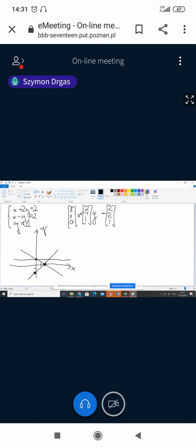It will be difficult, as always, to draw three-dimensional pictures, but the first vector has these components 1, 1, 0.